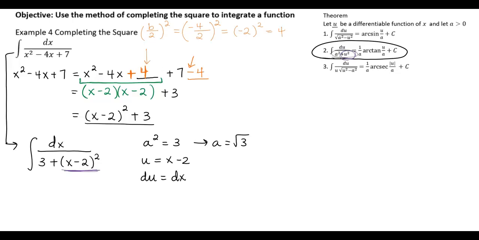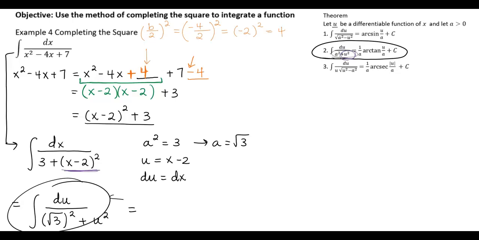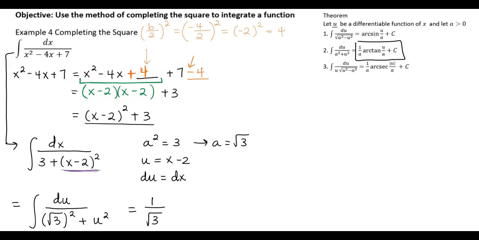And now we can start our substitution, because we can replace dx with du. I'll replace 3 with the square root of 3 squared, and the x minus 2 squared is simply our u squared. So now this integral looks very much like the integral in number 2, and we can fill out the right-hand side, which tells us this is equal to 1 over the square root of 3 multiplied by arctangent of u over a, which is the square root of 3, plus c.